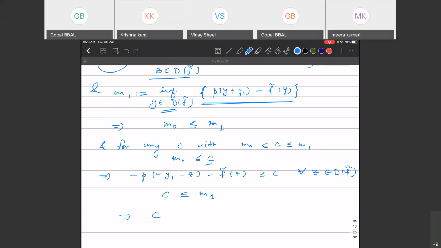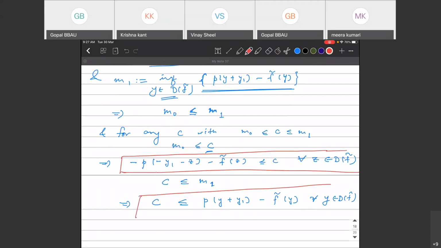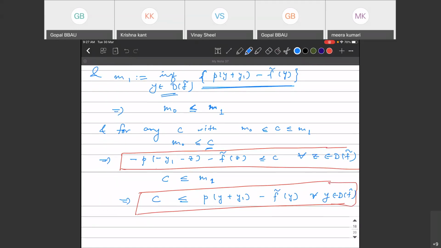This means c is even less than it for all y in the domain of f tilde. Okay, so this is what we will get. Two things. So let me put these two in a rectangular box.